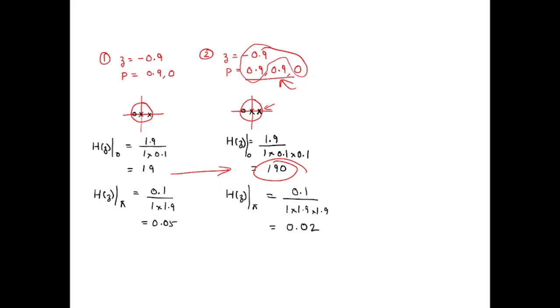So if you place a pole over a pole, the amplitude response will be magnified. However, if you place a pole over a zero or a zero over a pole, they will cancel each other's effect. And if you place a 0 over a 0, what is the role of the 0? The role of the 0 is that it will suppress the amplitude response, and there will be a marked decrease in the amplitude response if you place a 0 over a 0.